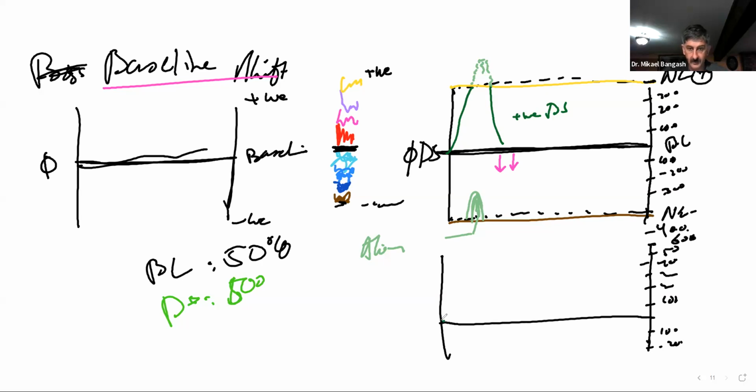That 500 centimeters now is within your Nyquist limit. Clear? Because we didn't really need a Nyquist limit of 400 centimeters on the negative side. Did that make sense?